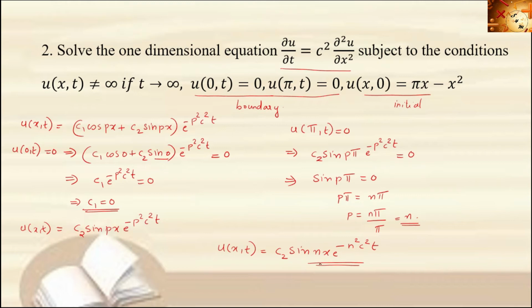Next, we are replacing this u of x t in terms of summation. So we have u of x comma t is equal to sigma n is equal to 1 to infinity, then c2 is replaced as an, sin nx into e raised to minus n square c square t, where an is equal to 2 by L. Here L is pi.